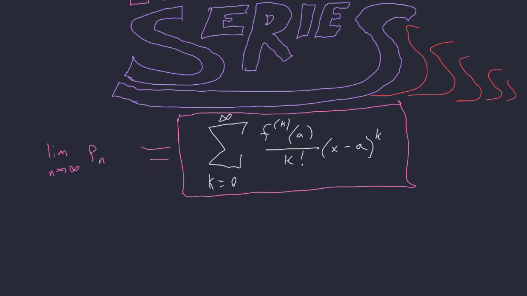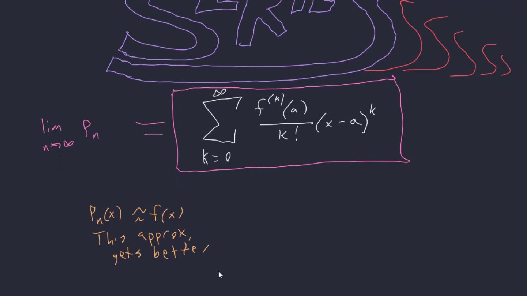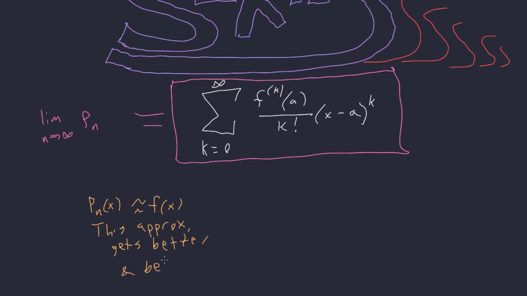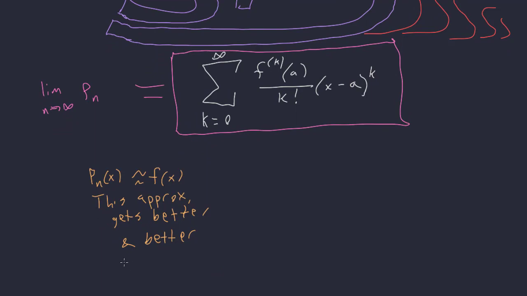So, in other words, if Pn of x was the Taylor polynomial approximation of some f of x, well, we know that the polynomial is going to be really close to f for x close to a, but this approximation gets better and better as n gets larger.